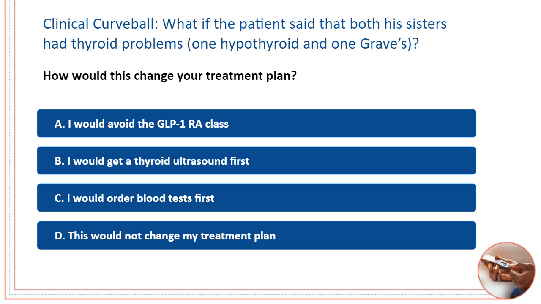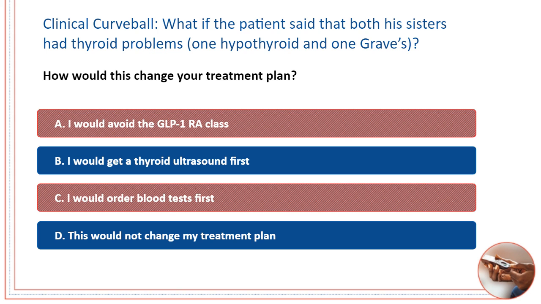But we really have no concern about hypothyroidism and Graves' disease as it relates to the use of GLP-1s. So when I look down here, this would not necessarily change my treatment plan because there's no contraindications and no warnings for this. We don't need blood tests for these conditions. There again, the relationship is due to a rare autosomal cancer, and I don't need to get thyroid ultrasounds or avoid the class.